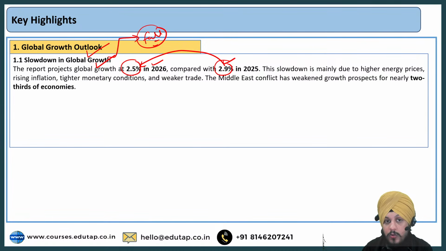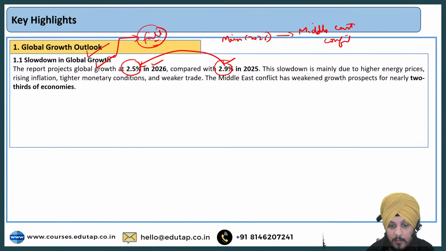Why is this slowdown happening, why is global economic growth expected to fall? There are multiple reasons behind it, but one of the main reasons with respect to 2026 presented in the report is the Middle East conflict.